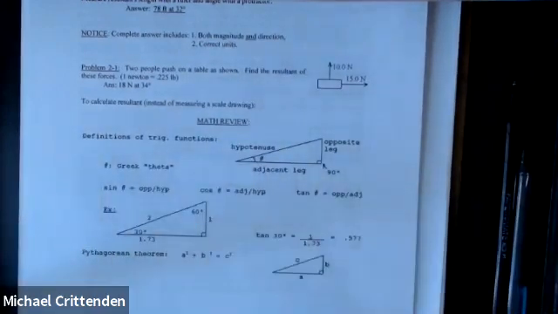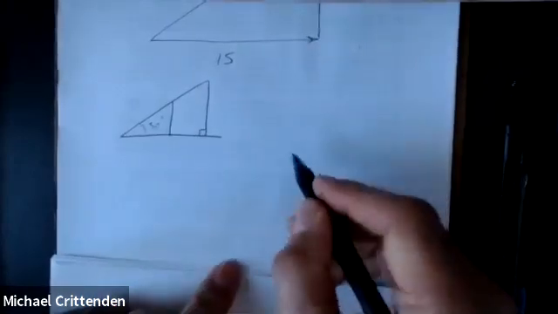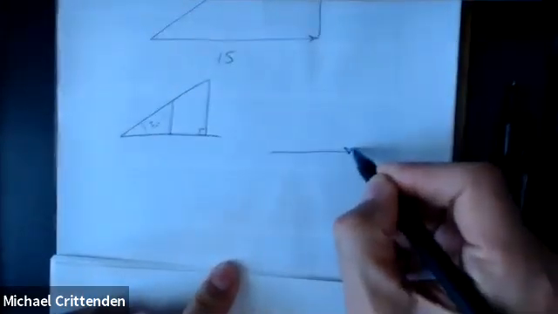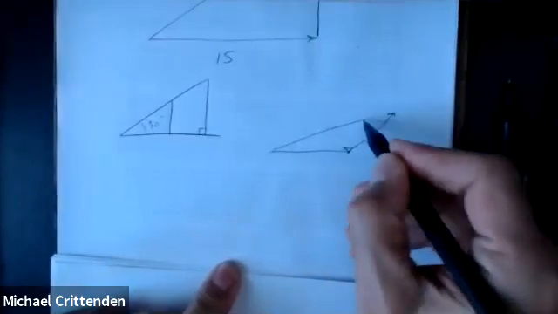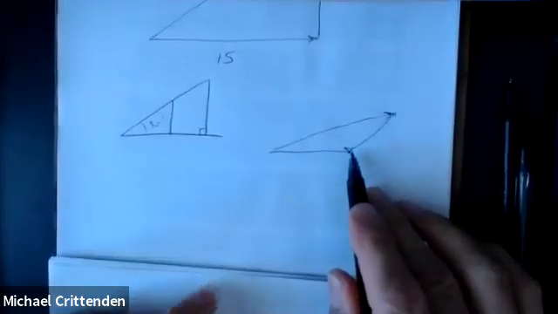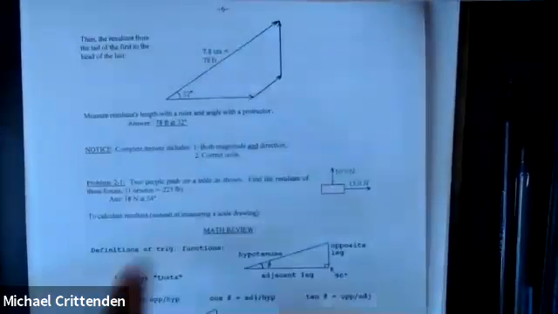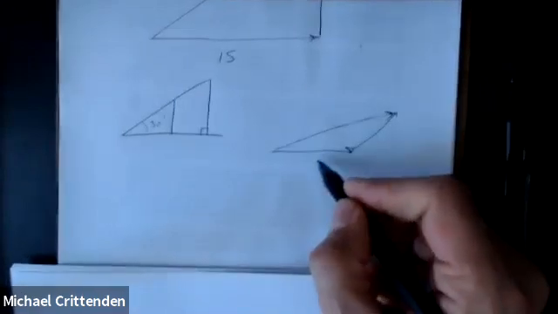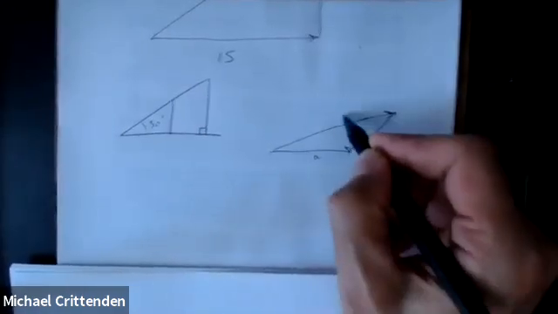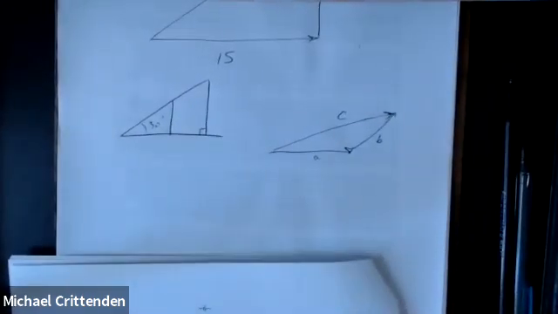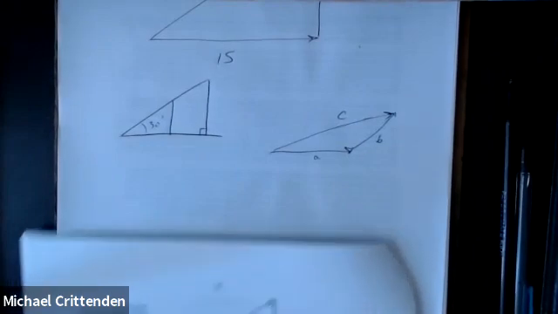All of this is only valid for right triangles. If you have a triangle that looks like this, now that looks like it's about 120 or 130 degrees, none of this is valid. Okay. If you try and do something like A squared plus B squared equals C squared for that triangle, it is going to fail spectacularly.